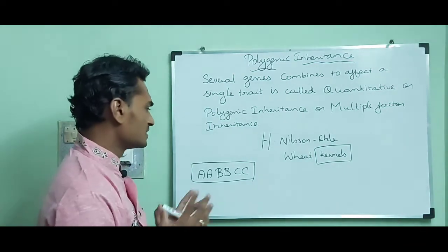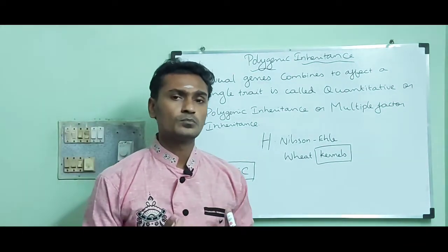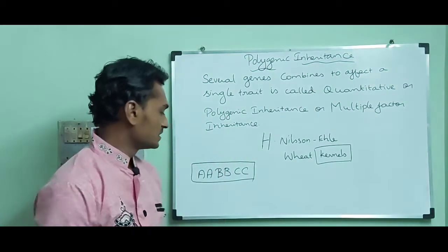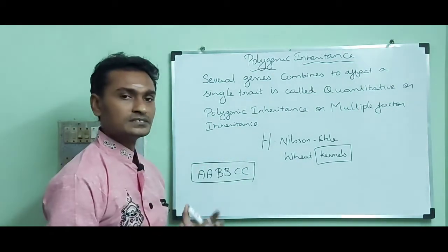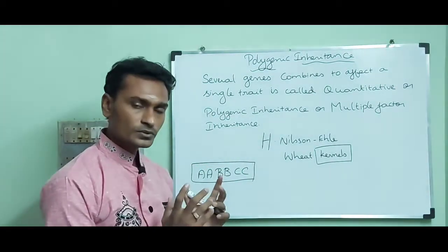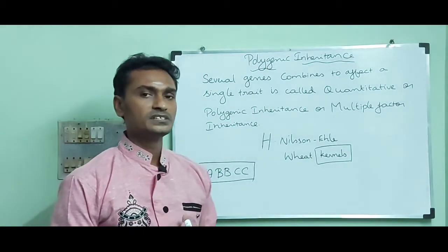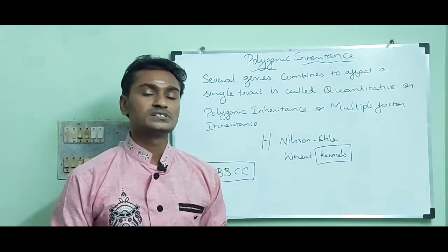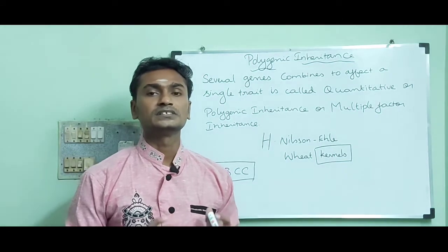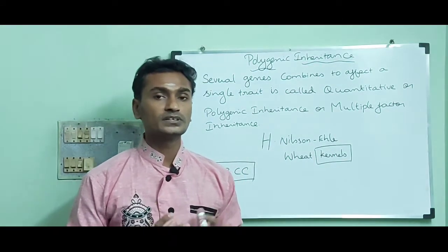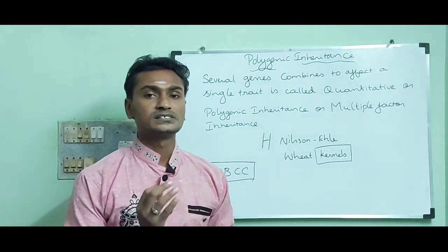Then this cross is going to be somewhat tedious because 3 genes are involved. That means it can produce 8 gametes in each individual, so in total it can produce 16 gametes.